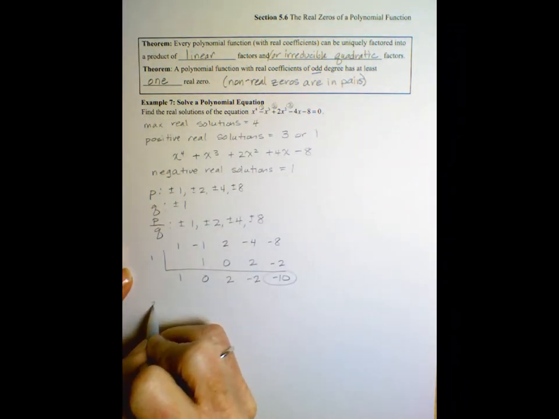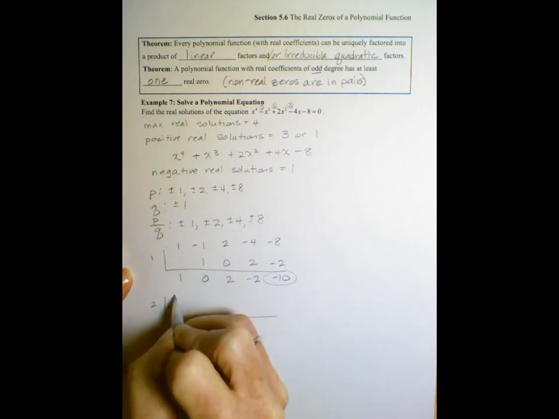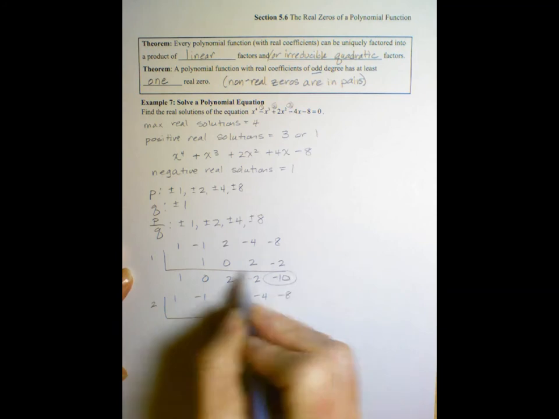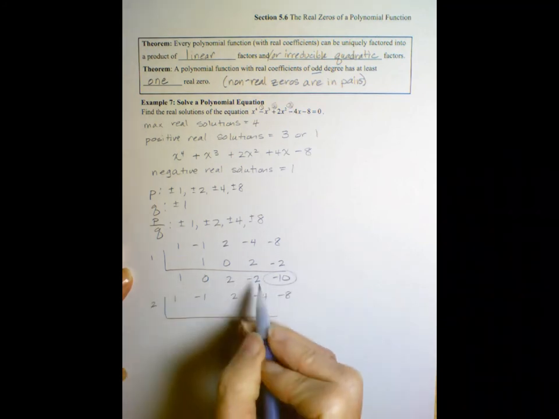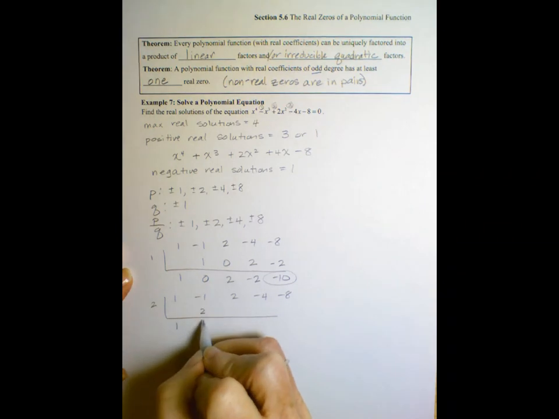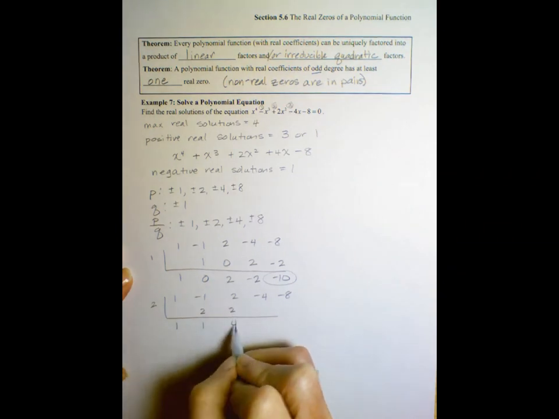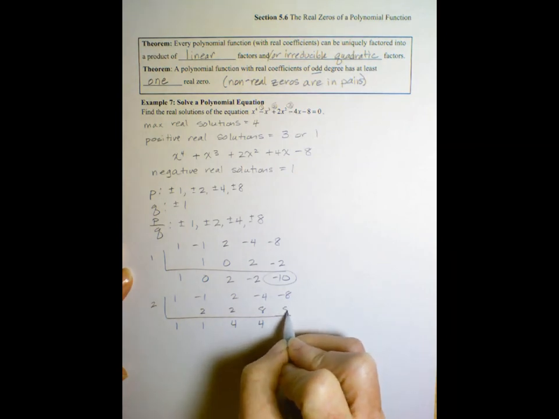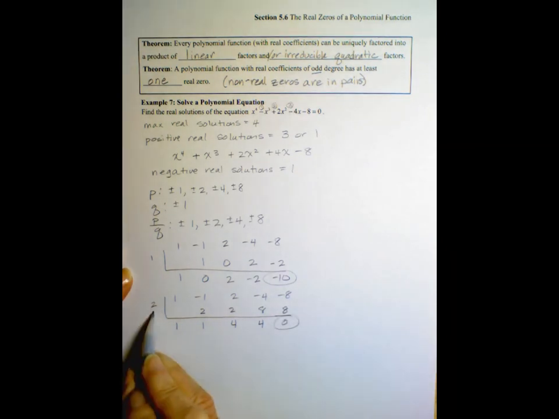Let's go to 2. 1, negative 1, 2, negative 4, negative 8. Since I didn't find 1, I don't have a depressed equation. I'm still using the top line. Multiply, add, multiply, add, multiply, add, and multiply, add. And I find that 2 is a real solution.